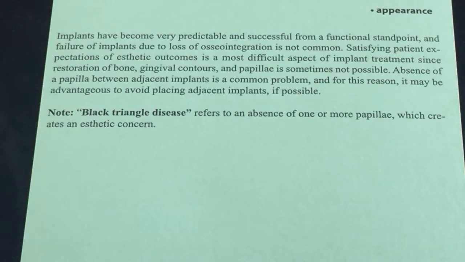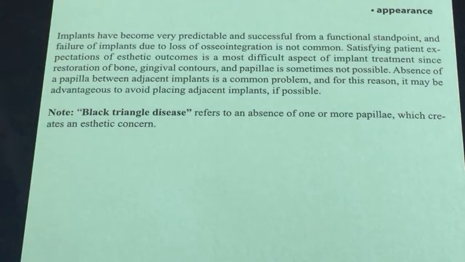Satisfying patient expectations of aesthetic outcomes is the most difficult aspect of implant treatment, since restoration of bone, gingival contours, and papillae is sometimes not possible.